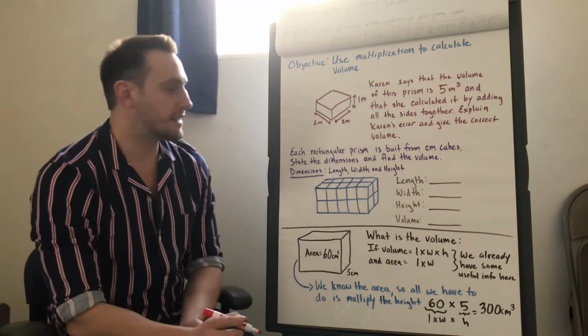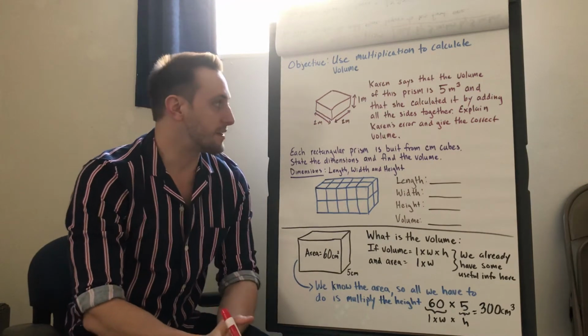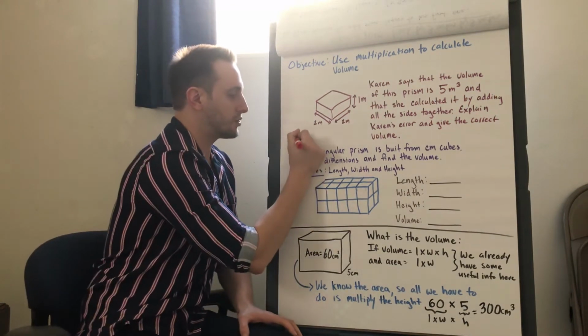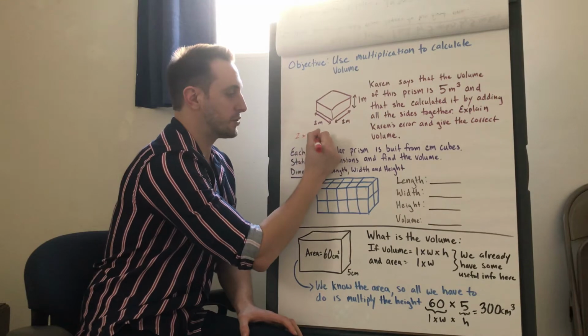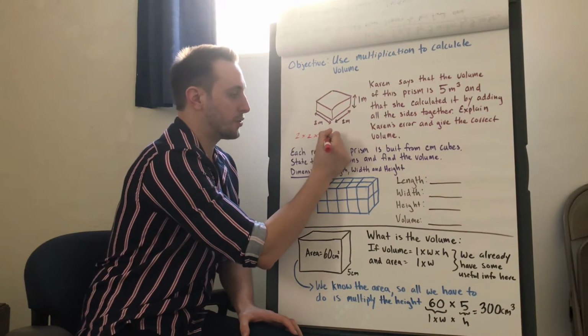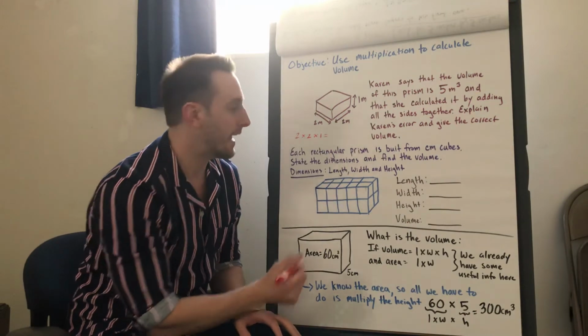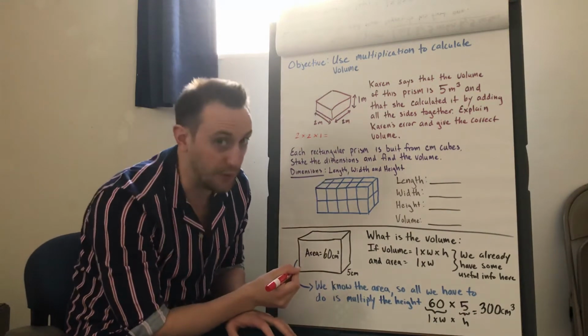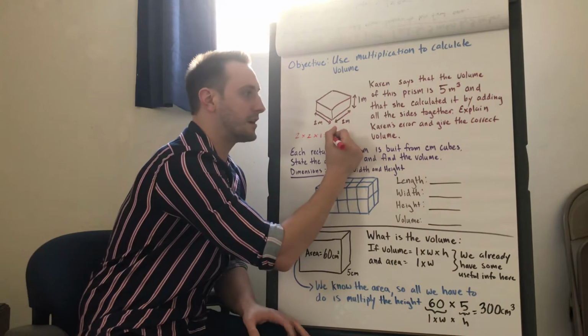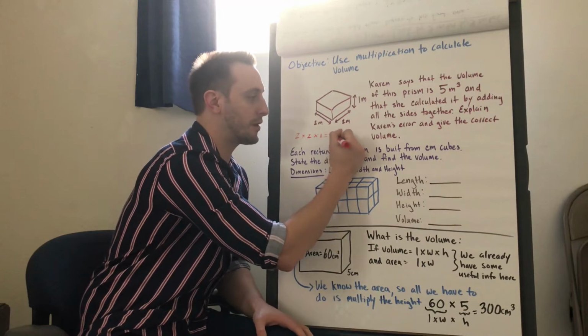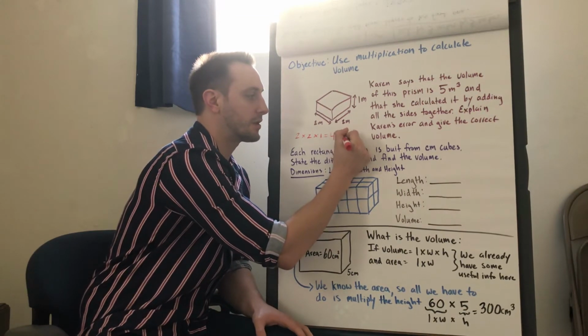In order to find the volume of this prism, she should have done 2 times 2 times 1. 2 times 2 is 4, and 4 times 1 is 4. So the volume of this prism should be 4 meters cubed.